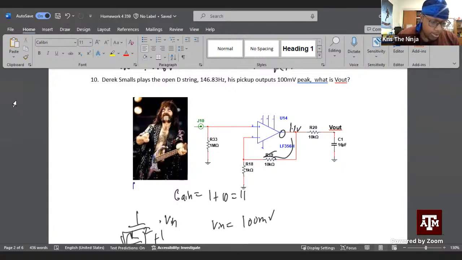And then we do 10,000 divided by 30.17. That gives us 331. Plus 1, square root that. Wait, hold up. Square root, second answer. There we go. 1 over that, and then multiply that by 0.902. That gives us 49.4 millivolts out, so V out.